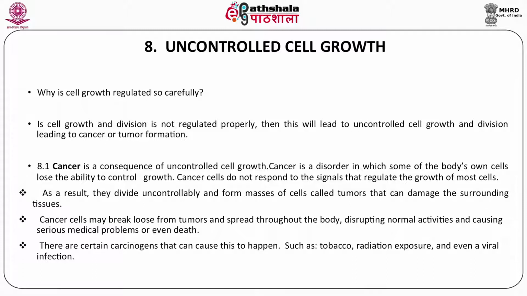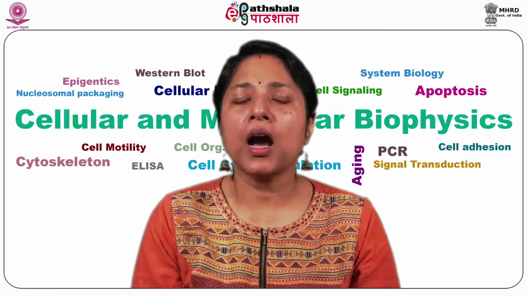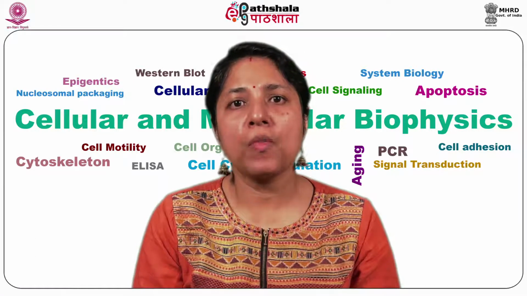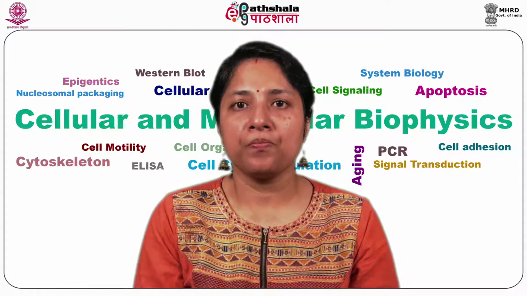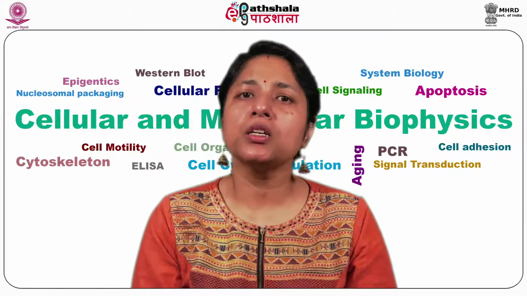Cancer is a disorder in which some of the body's own cells lose the ability to control growth. Cancer cells do not respond to the signals that regulate the growth of most cells, like the inhibitory signals. As a result, they divide uncontrollably and form masses of cells called tumors that can damage the surrounding tissue.